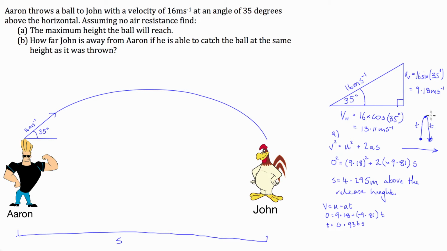So we can just multiply the time that we get to the maximum height by 2, and that'll give us the total time. So 2t is equal to 1.872 seconds.